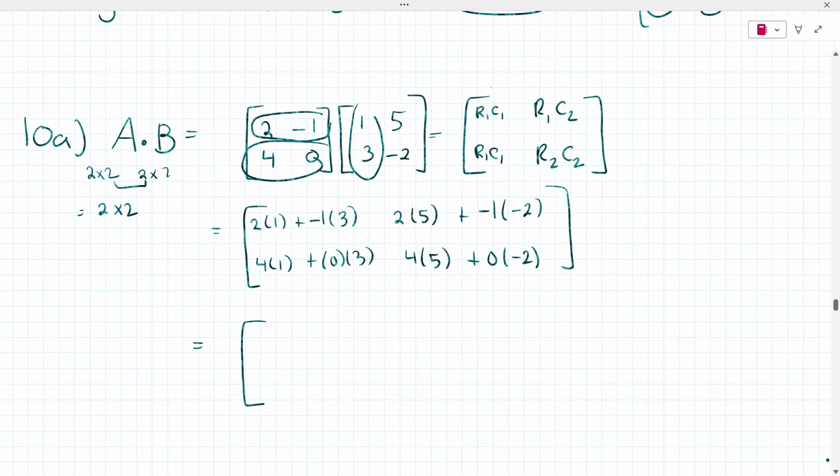Okay, so when you put this together, 2 times 1 plus -1 times 3, that's -1. 2 times 5 plus -1 times -2 is 10 plus 2, that's 12. 4 times 1 plus 0 times 3 is 4. 4 times 5 plus 0 times -2 is 20.